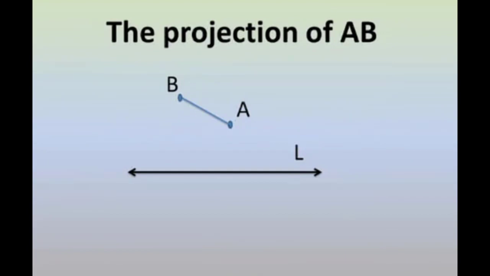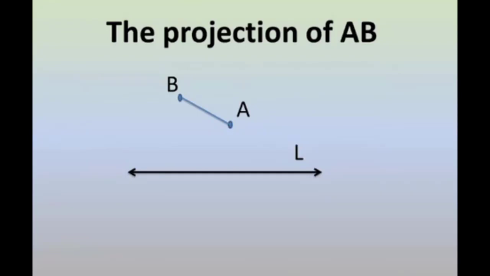Now the projection of a line segment on a straight line. The line segment has two terminals, point A and point B. If we want to determine the projection of line segment AB on the straight line L, we drop the two points A and B as perpendiculars. It must be a perpendicular.